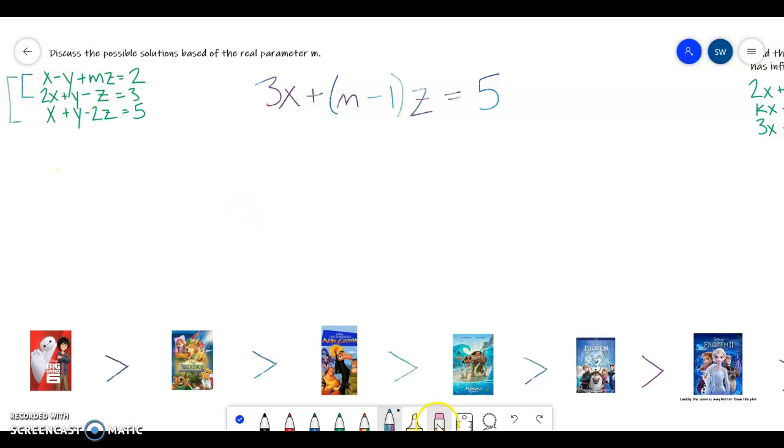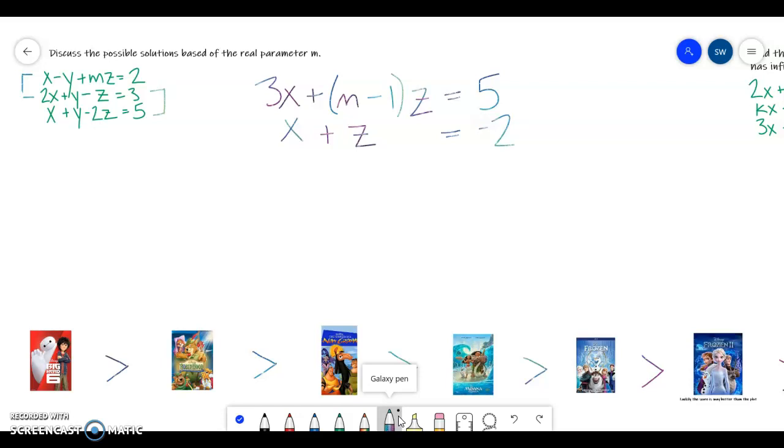Okay, actually for the next pair, I think it's going to be easier, because I don't want to use m twice. It'd be a lot easier if I do the second equation minus the third equation. That would give me x, the y's cancel, and if I subtract that, I would get plus z equals negative 2.